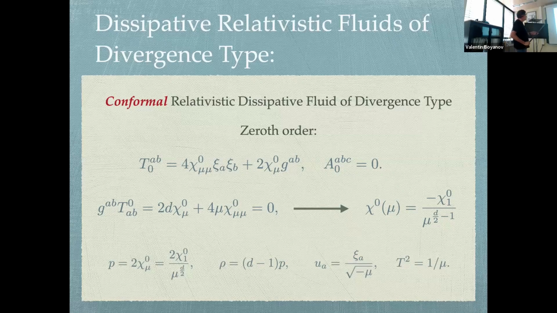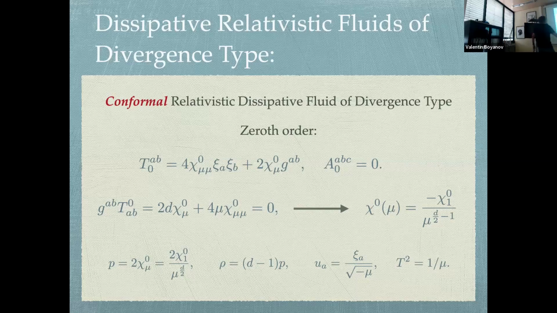For instance, if you define the P of this equation like this, then you find rho in the same way, and you find the equation of state of radiation, with P equal to rho over 3.